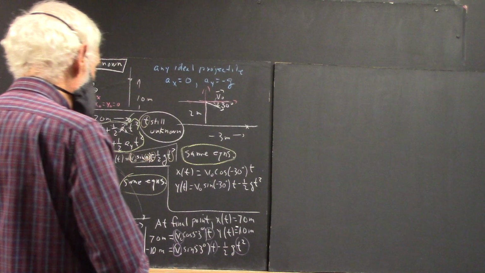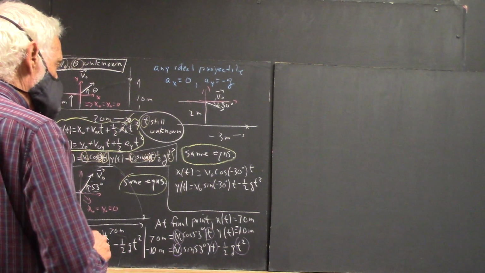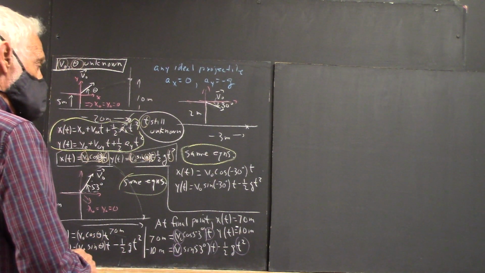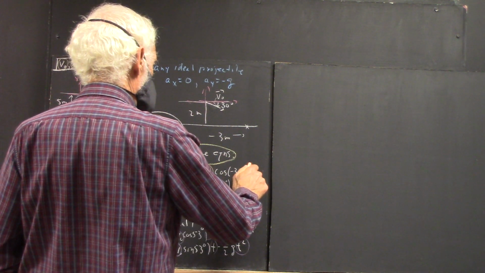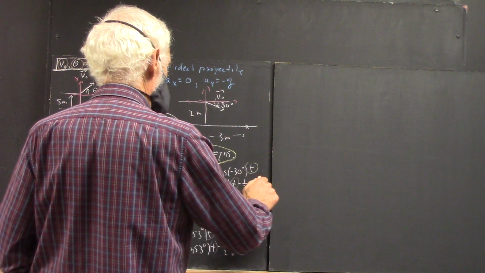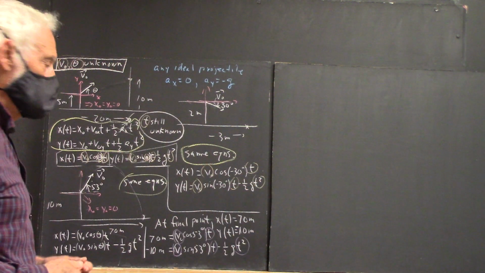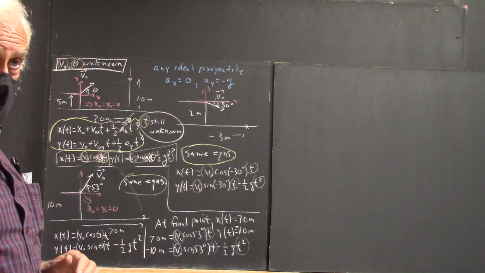And now, what do we know? Everything but v naught and t. So it's exactly the same problem.